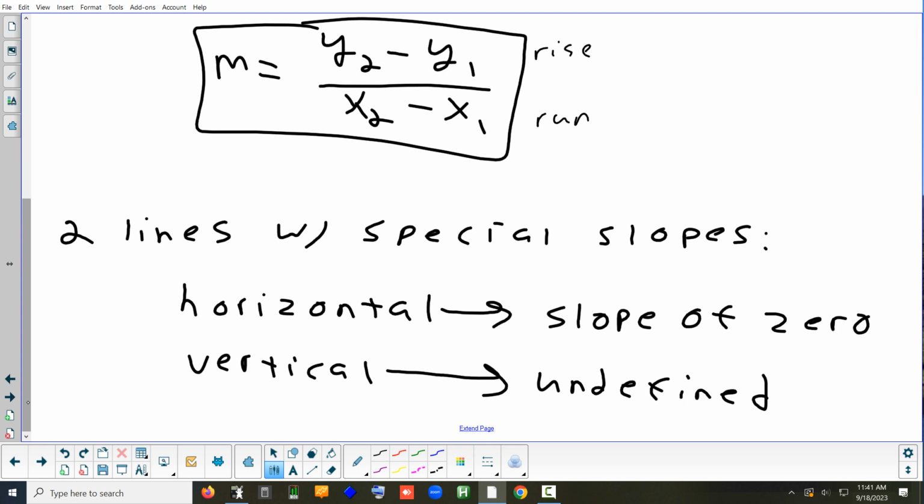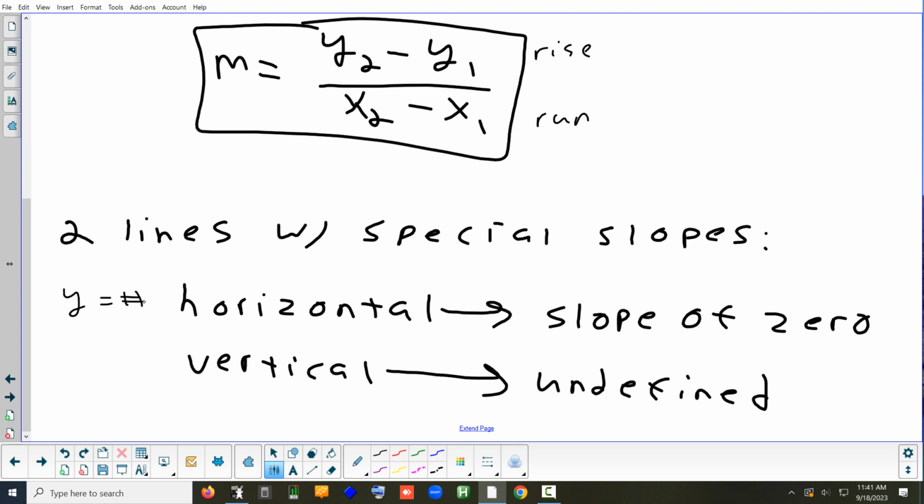And just to put this next to it, horizontal lines, well, we can draw horizontal lines. We did one on the calculator when we did the rocket hitting a height of 50. When we drew a horizontal line at 50, what letter was on the left side? Y. So y equals 50.